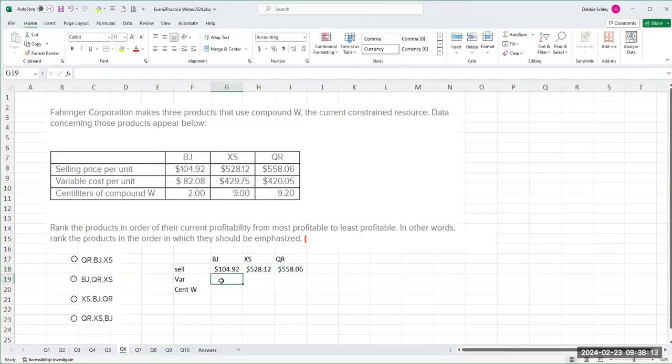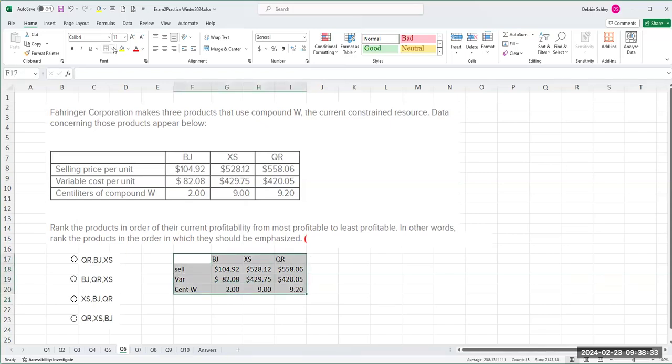And then my variable are 82.08, 429.75, 420.05. And then centiliters are 2, 9, and 9.2.